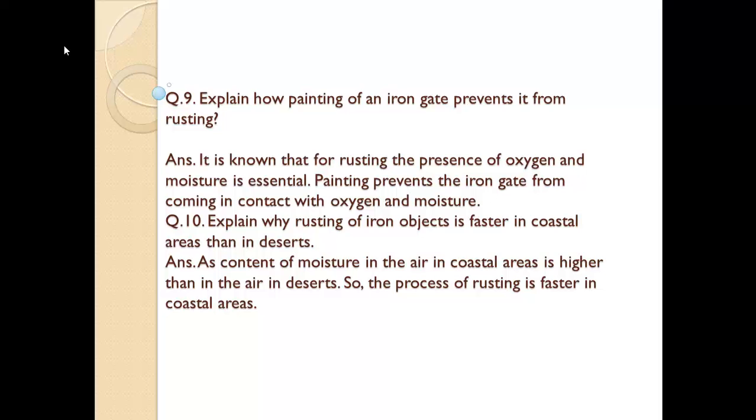Question number 10 is, explain why rusting of iron objects is faster in coastal areas than in deserts. We know that rusting is a chemical reaction in which iron reacts with oxygen and moisture. In coastal areas moisture content will be more. In desert, the moisture content will be less. So the process of rusting will be faster in coastal areas as moisture is a main factor which promotes rusting.